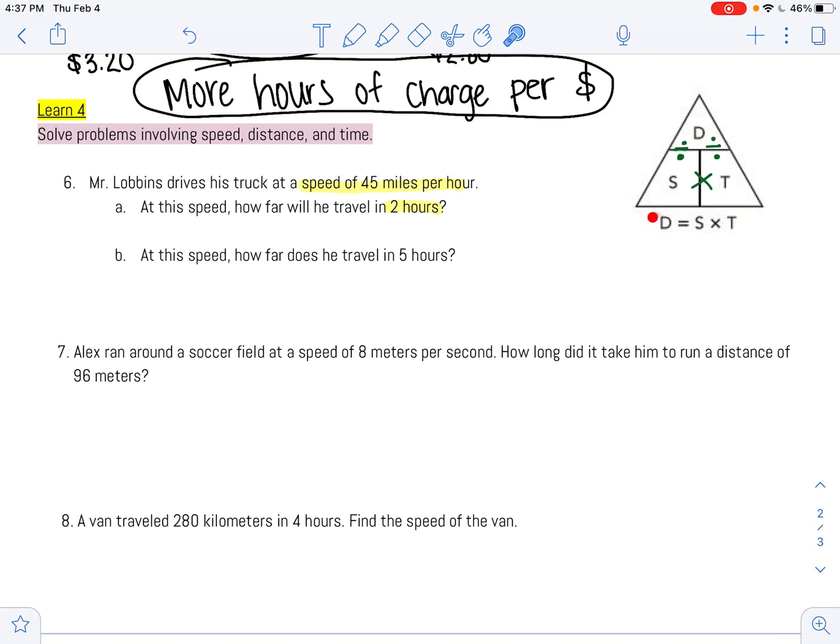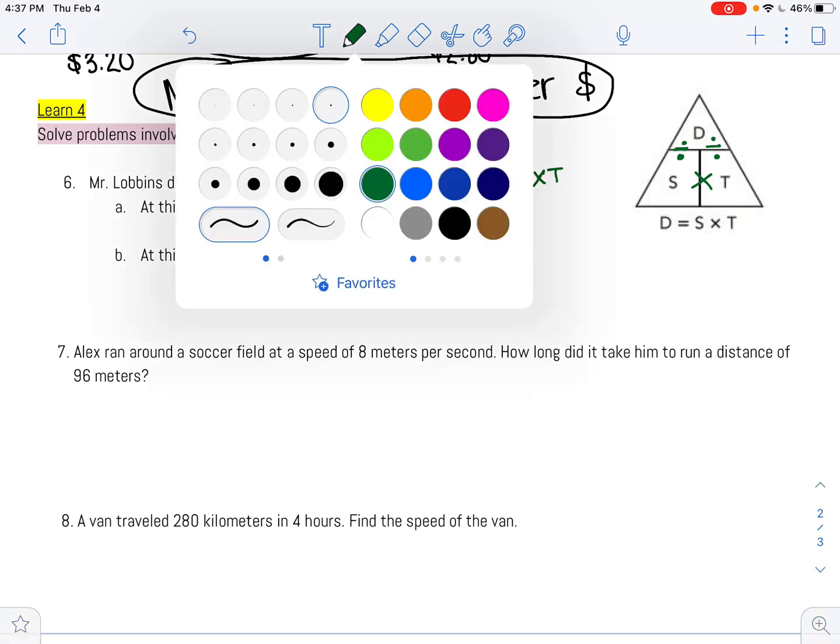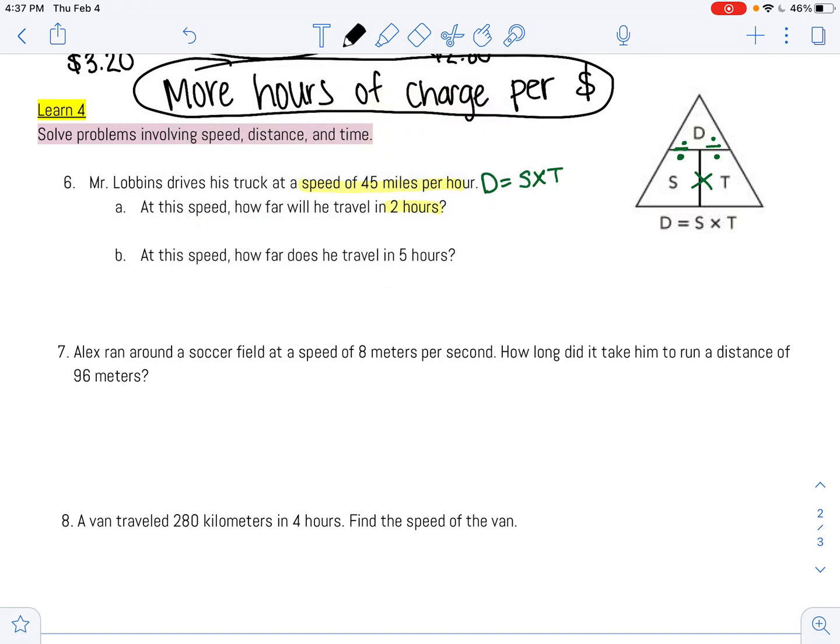So if I don't know my distance, that means I'm going to take my speed times my time. So I'm going to plug in my 45 speed times my 2 hours. When I take 45 times 2, the distance he traveled was 90 miles.